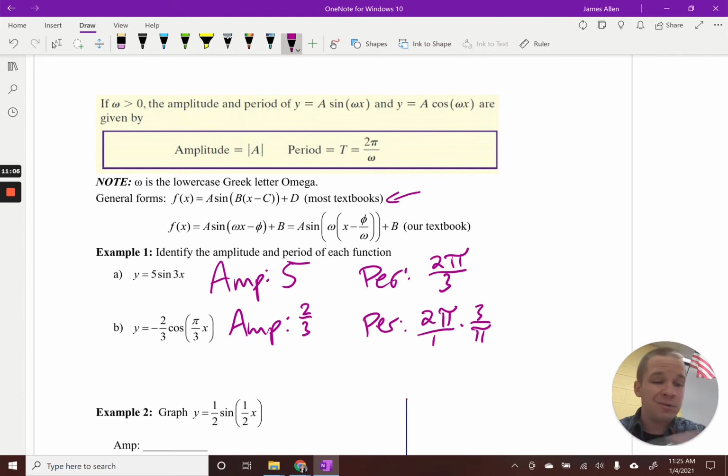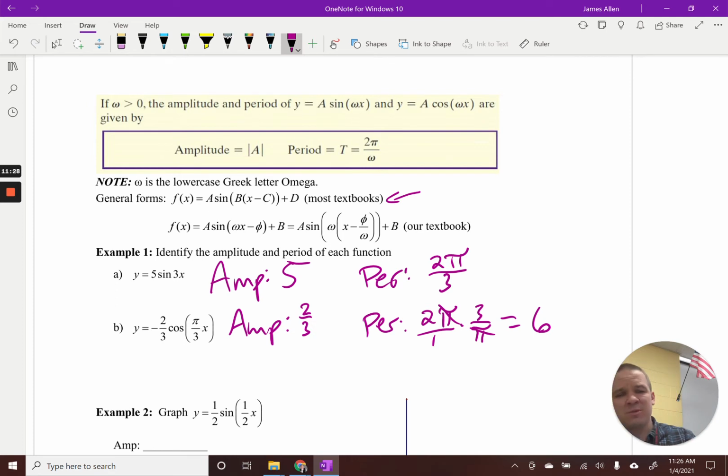Now we're just multiplying across, but I'm going to simplify first, cancel the pi's, and I'm left with 6 over 1, which is just 6. So my period for that one is just 6. There are some nasty ones you have to work with in MyMathLab, where the period is not something nice and friendly like 2 pi or pi. There are going to be some weird values.